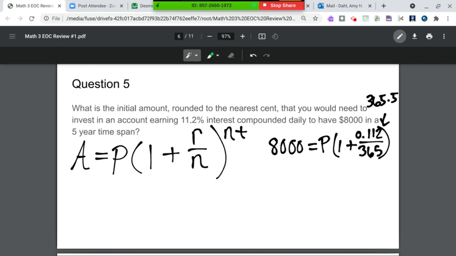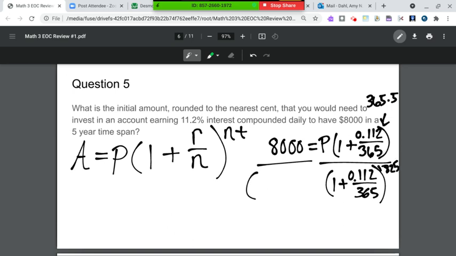So to get P alone, I'm going to divide both sides by 1 plus 0.112 over 365 raised to the 1825 power. Okay? And that will give me the value of P. It's not bad.